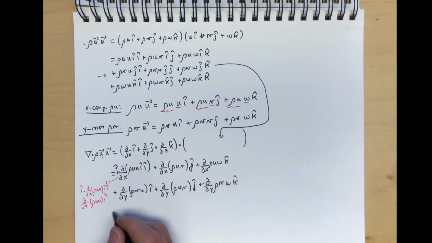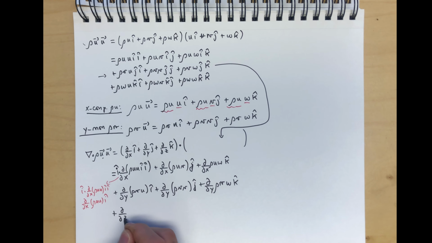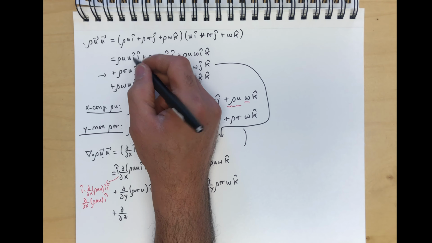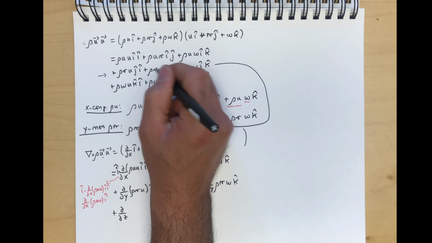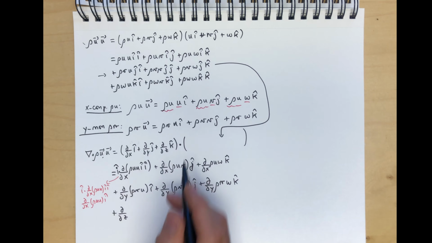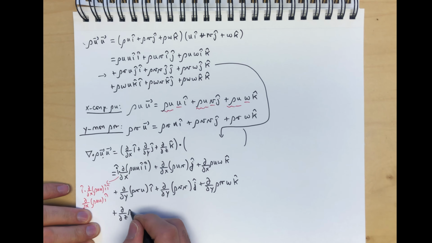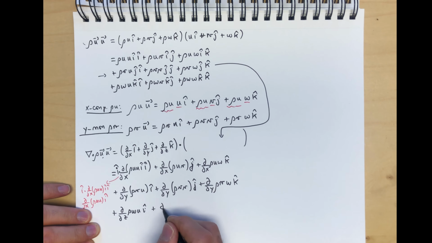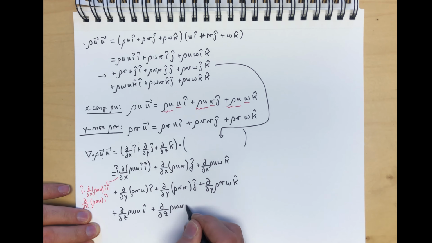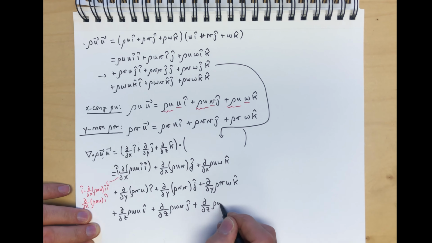The rest are 0. And finally, d by dz, we have k dot i, 0, k dot j, 0. They're all 0 except for the last row. So we get d by dz of rho w u, k dot k is 1, so we get the i component, plus d by dz of rho w v j, plus d by dz of rho w w k.